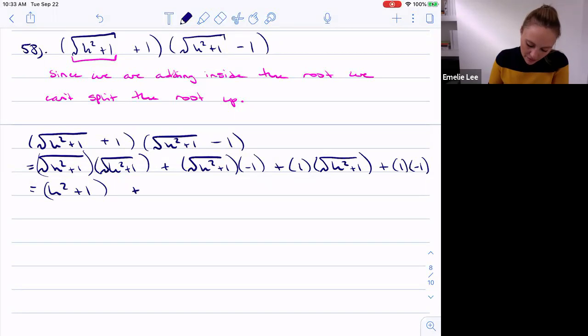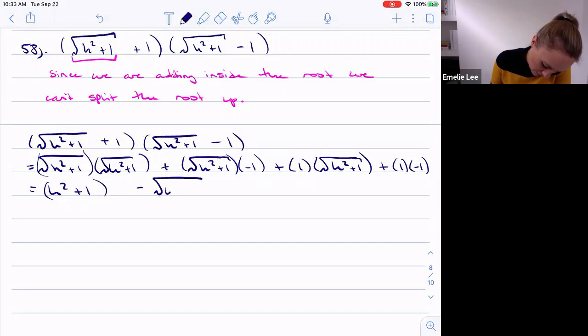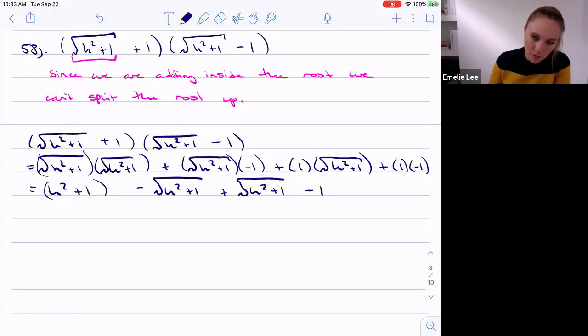So then I've got plus the root of h squared plus 1 times negative 1, so I should write minus the root of h squared plus 1. And then I've got plus the root of h squared plus 1, and then minus 1.